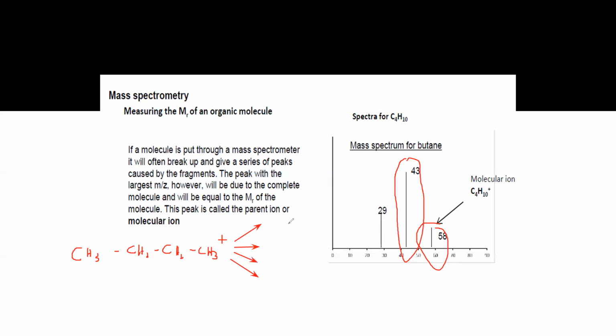What could be the possible fragments? If it breaks starting from the left hand side, you may have CH3, so you will get a peak at 15, or it will be CH3CH2, 24 plus 5, you'll get a peak at 29, or it might split into CH3CH2CH2, 29 plus 14, 43, or you will get the whole molecule, which is 58.